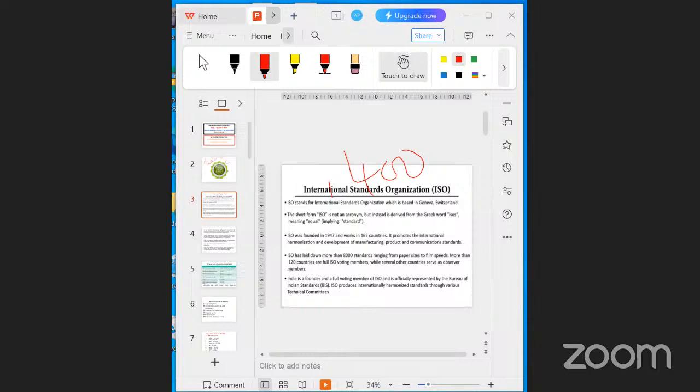The environmental management system ISO 14001 is an ISO standard which provides the framework requirements to protect the environment from adverse effects.